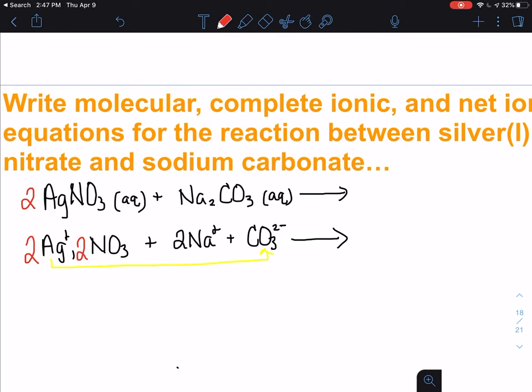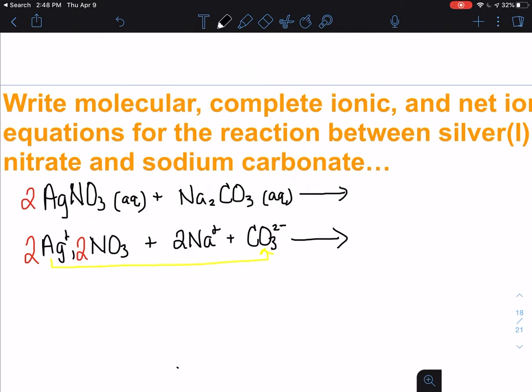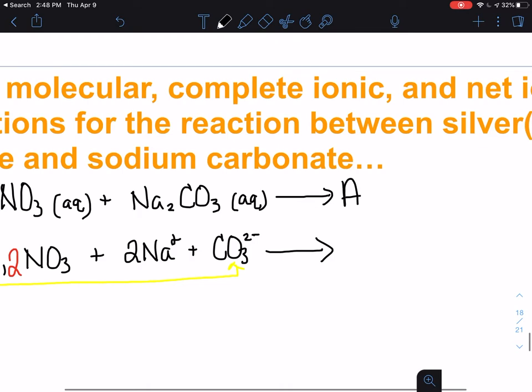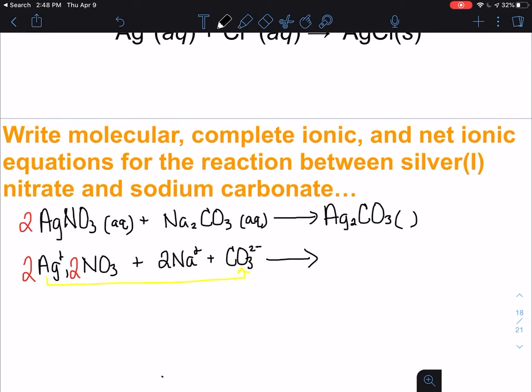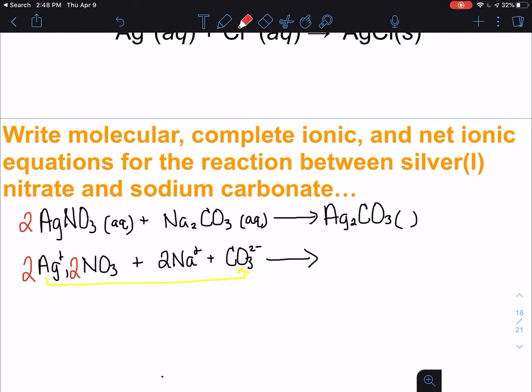So now that I have it together, I can start to finish my molecular. So I have Ag2CO3, I don't know what the phase is yet, and look at this, I take my sodium cation and pair that up with nitrate.